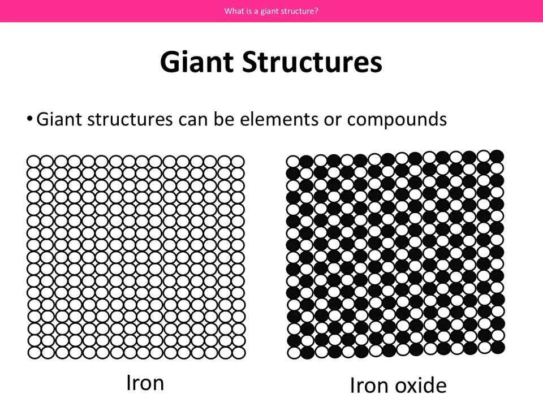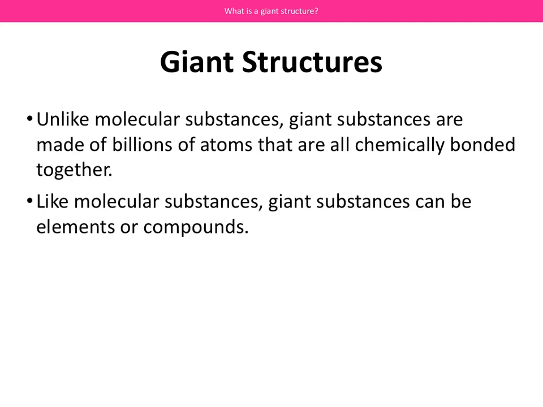But even though one's an element and one's a compound, in these 2 examples, they are both giant structures. So in making that comparison with molecules, we've got 2 to 100 atoms joined together. Giant substances, we've got billions of atoms joined together. But molecular substances can be elements or compounds, and giant substances can be elements or compounds.